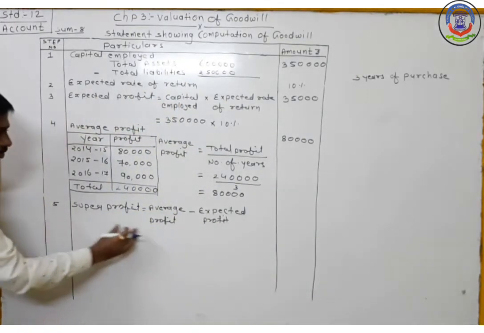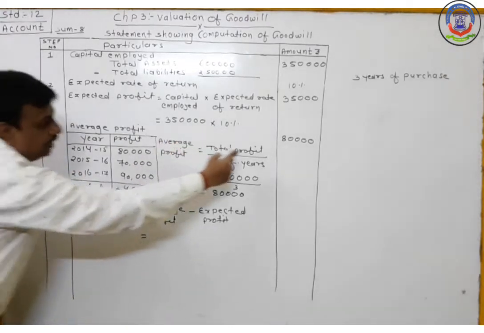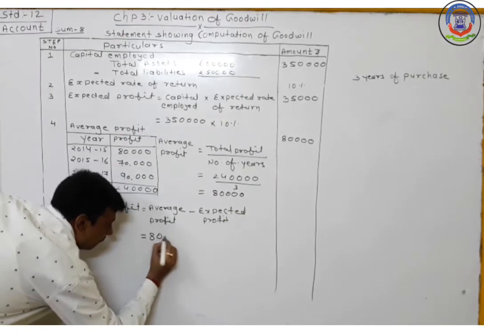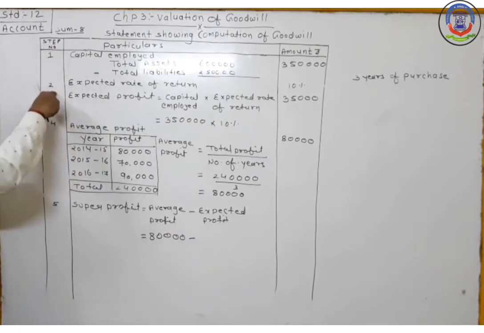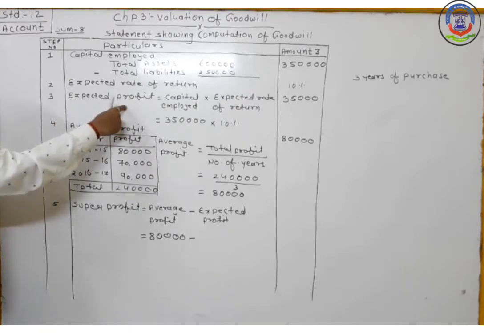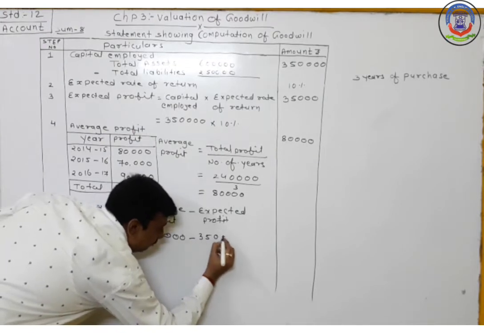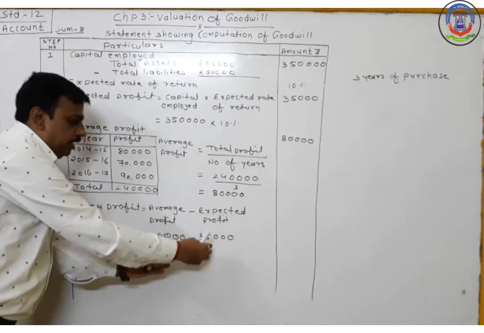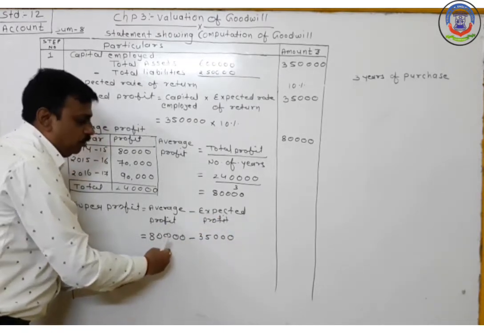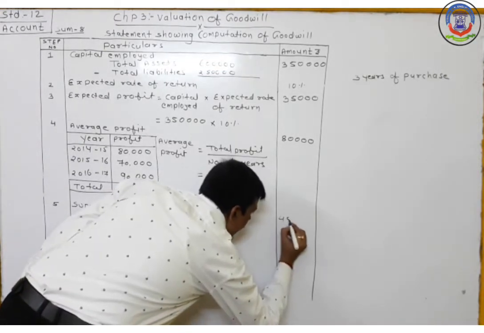Average profit is rupees 80,000, minus expected profit, which we found in step number 3, is rupees 35,000. Deducting expected profit from average profit, we find the super profit.